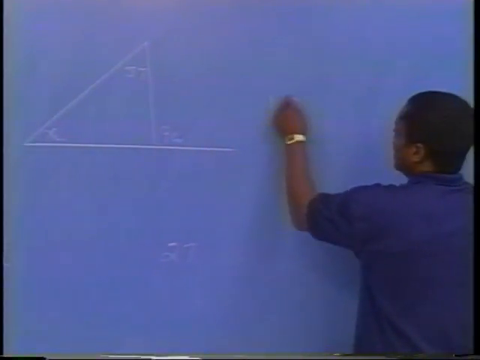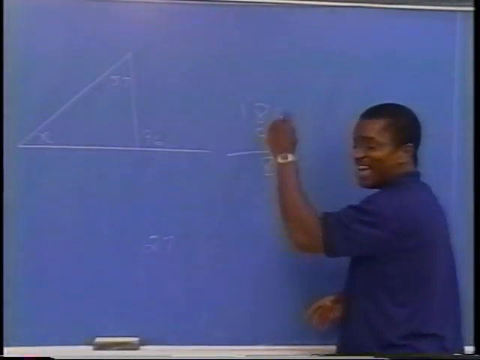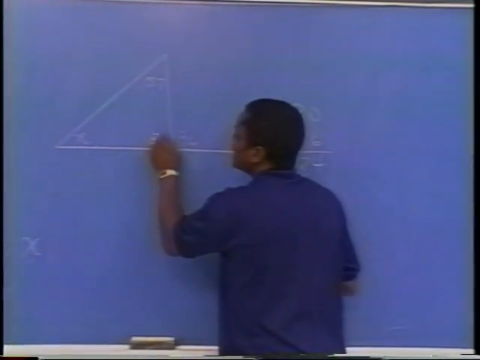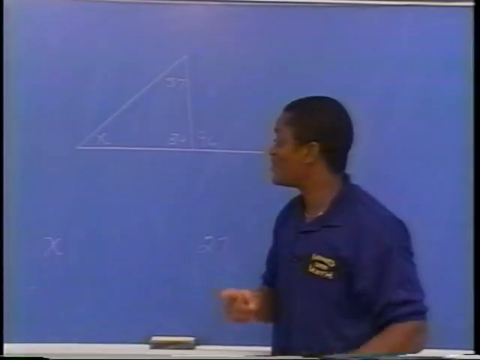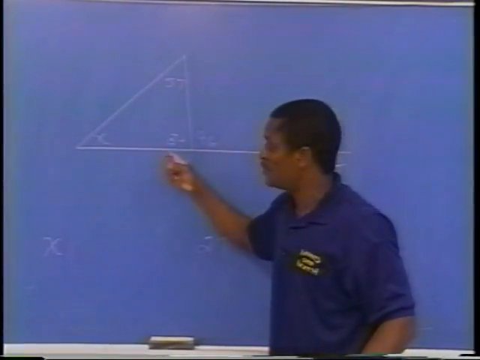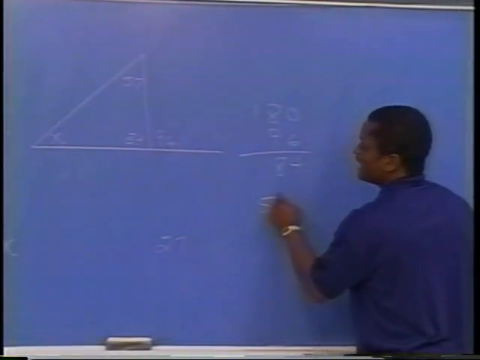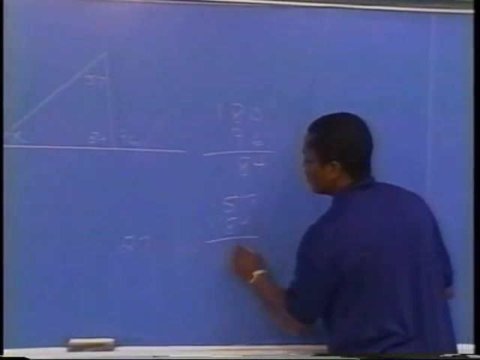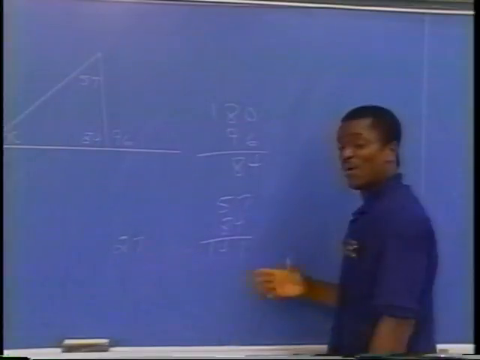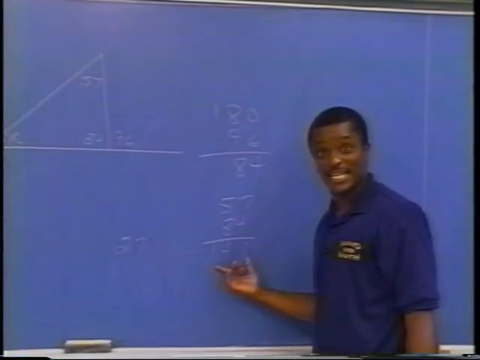We have 180 minus 96, right? This is what? 84. See that? We're saying that this angle here is 84. Now, we know that 180 minus the sum of these two is X. Let's do the math. We have 57 and 84. What is this? 141. Here, we're going to subtract 141 from 180. Why?